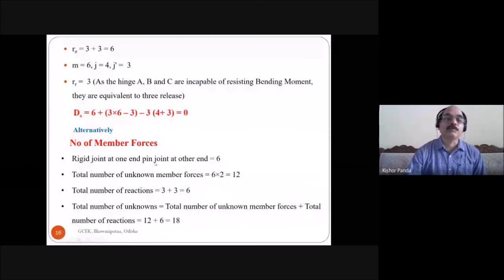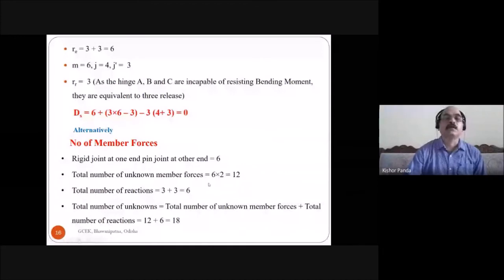But you know from the tabular form, if the member has one end rigid and the other end pin, then you have to take the number of forces equal to 2. Then you can find out the total number of unknown member forces. 6 into 2 is equal to 12.